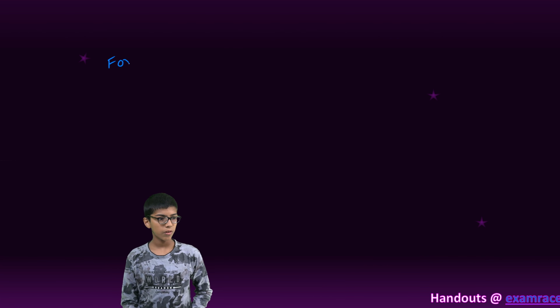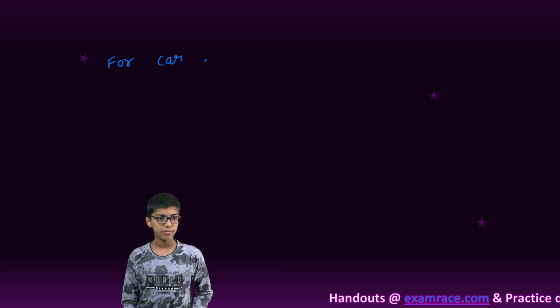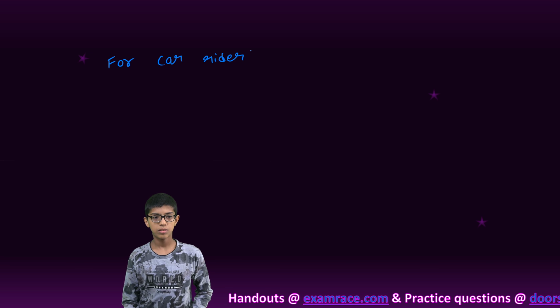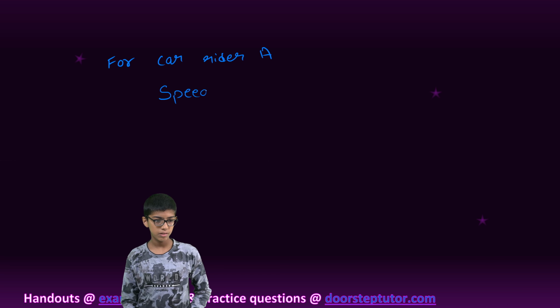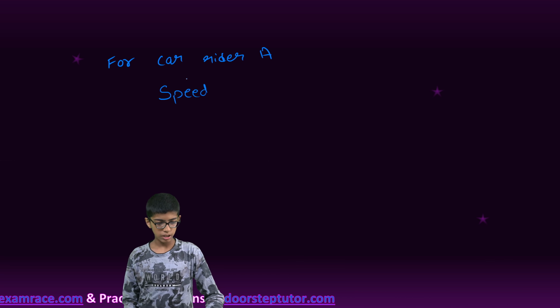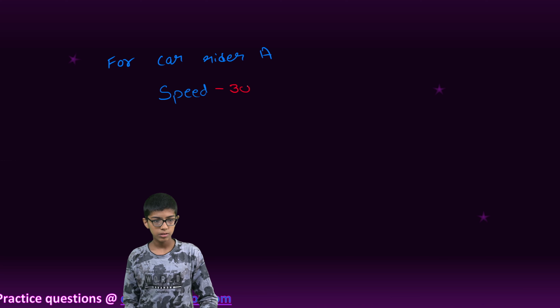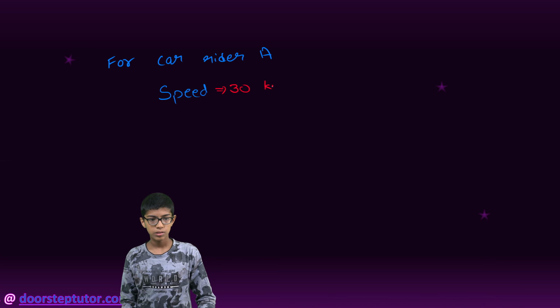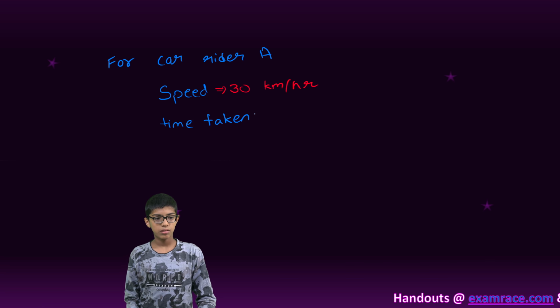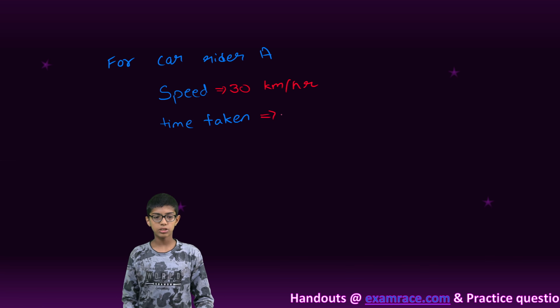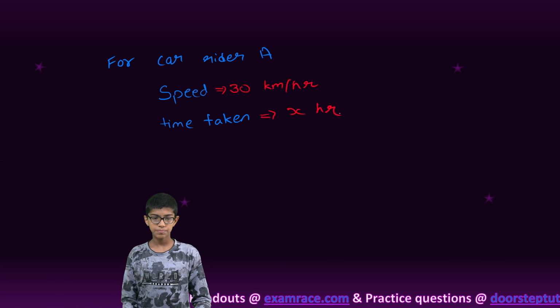here we will write for car rider A. Speed, it is given. How much is the speed? 30 km per hour. And time taken? Let's assume it to be x hours.